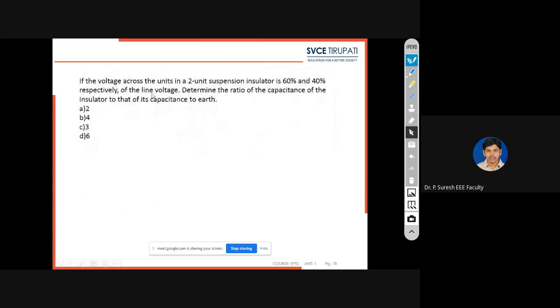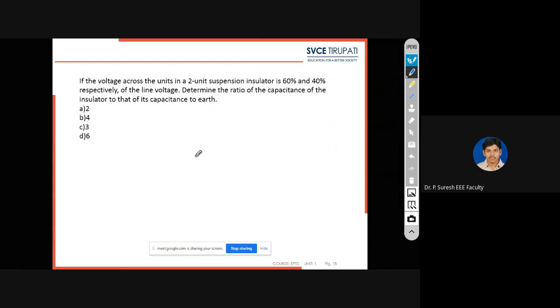Mechanical design. See here, if the voltage across the units in a 2-unit suspension insulator is 60% and 40% respectively of the line voltage, determine the ratio of the capacitance of the insulator to the capacitance to the earth. What do we need to calculate here?